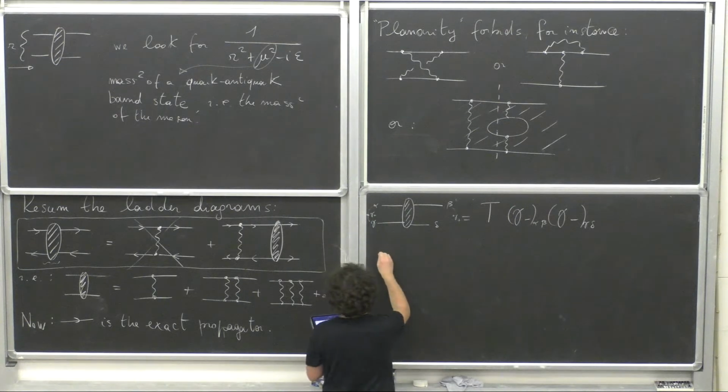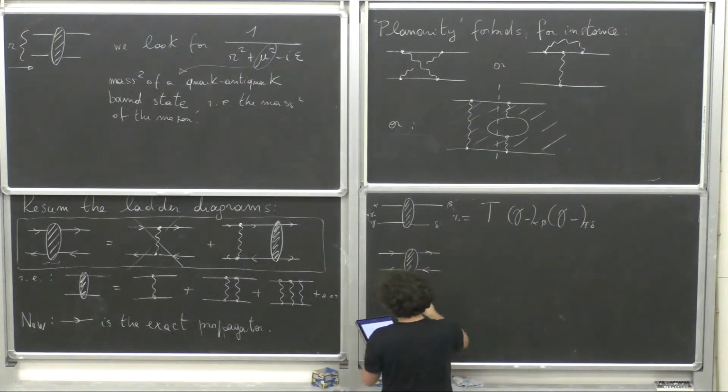Then in the simplified notation without fermionic indices, we can write it like this.